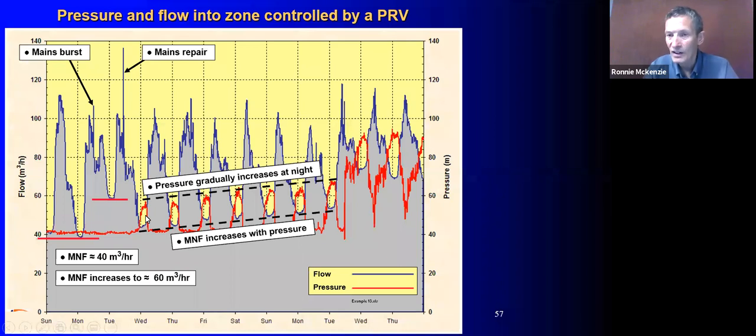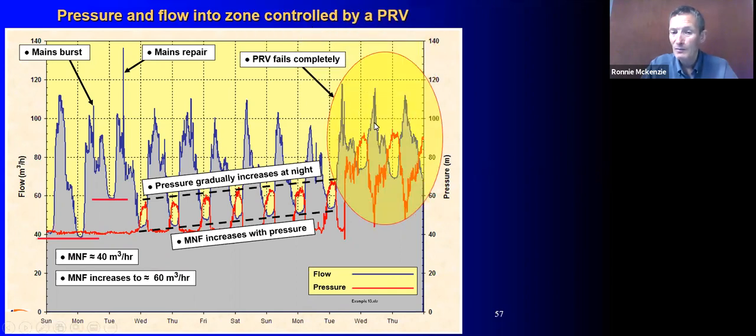Maybe a stone got into the valve and tore the diaphragm, and the diaphragm is gradually disintegrating over a period of about a week. Eventually, the diaphragm completely goes and the system moves on to no pressure control from the valve whatsoever. This is quite a nice example, clearly demonstrating that pressure drives leakage. So that's quite a nice example.